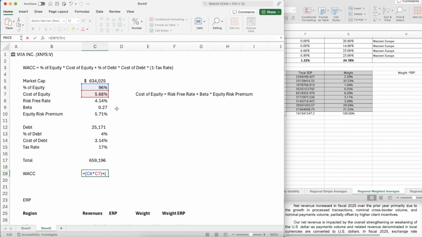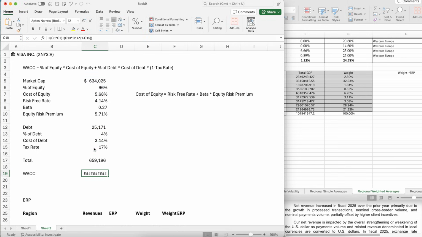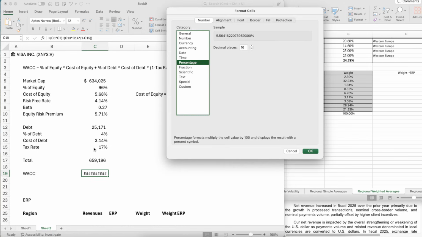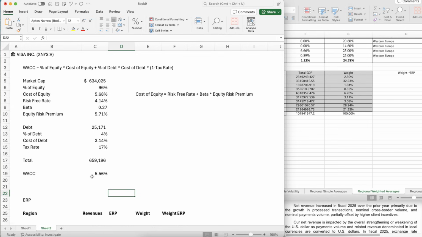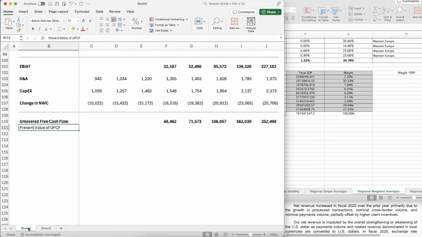Plus, in brackets again, your percentage of debt multiplied by your cost of debt multiplied by 1 minus tax rate. We just go 5.56% the WACC. Back onto the other spreadsheet.